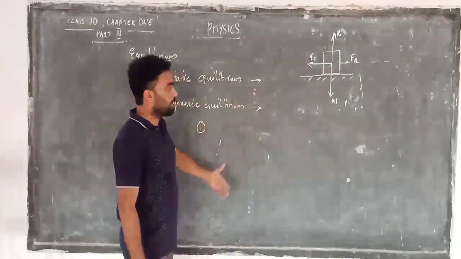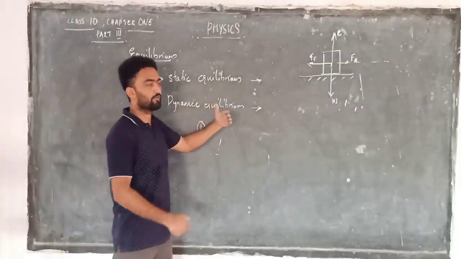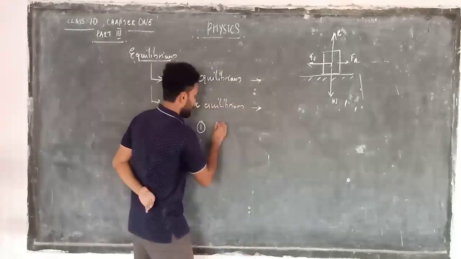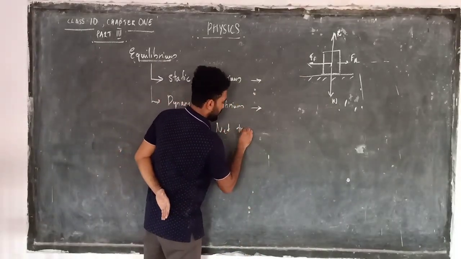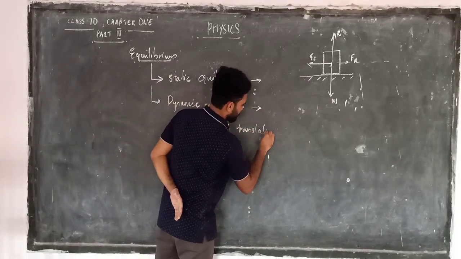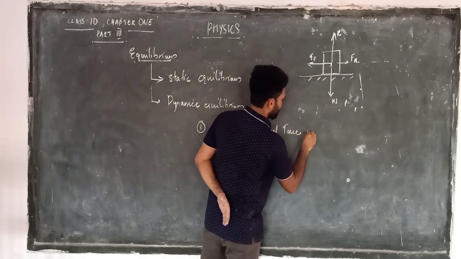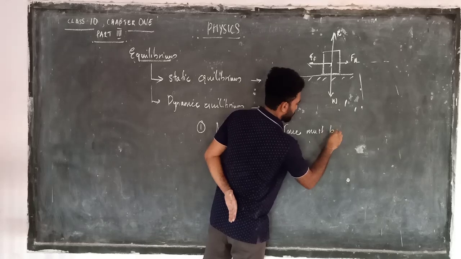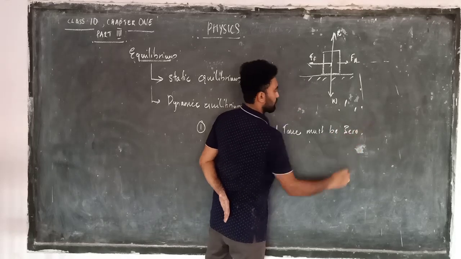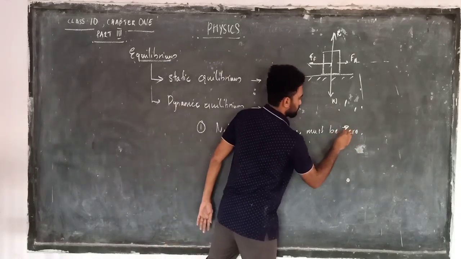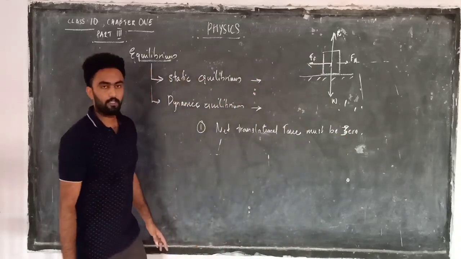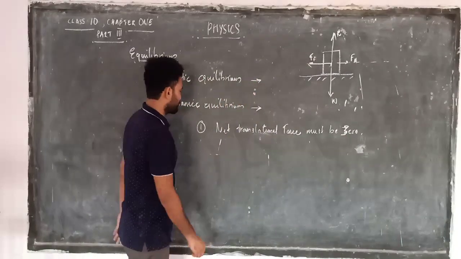We can't call them equilibrium bodies. So the first condition: the net translational force must be zero. Clear? It must be zero. That's the first condition for equilibrium.